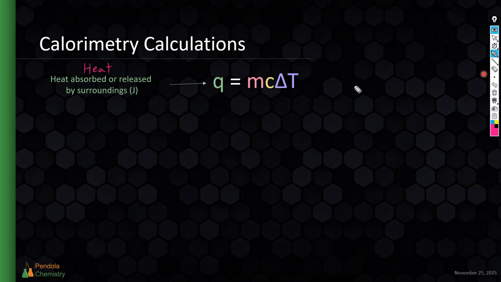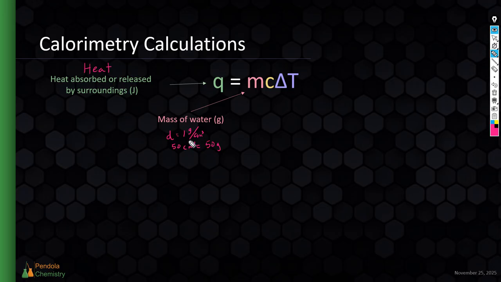On the other side, what are mc delta T? M is the mass of water, and this is where a lot of you are going to get confused. M is not the mass of the reactants, it is the mass of the surroundings, the water. A lot of the time, we know that the density of water at room temperature and pressure is 1 gram per cubic centimeter, meaning that if we have 50 cubic centimeters of water, we have 50 grams of water.